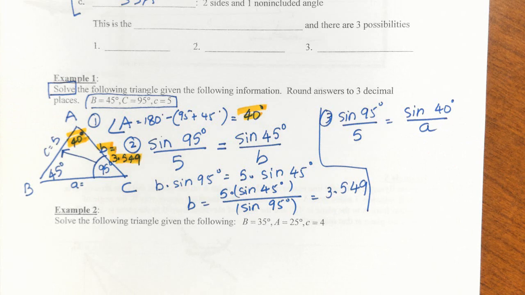Please go ahead and get A by itself. I'm not even going to show the work because I think all of you can do that. Cross multiply, get A by itself, and tell me what you get.